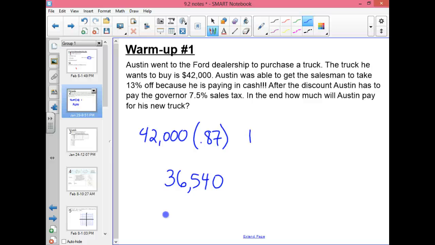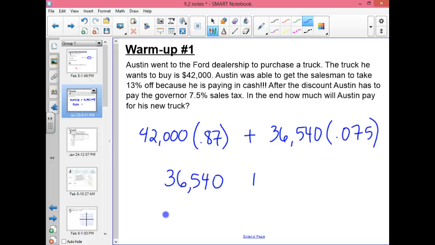But then he has to pay sales tax, which is 7.5%. So of the money he's going to spend buying the car, he has to pay 7.5% of that. And of in math means multiply. So we're going to multiply 0.075 times 36,540.